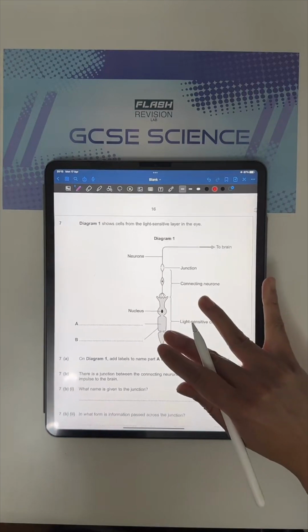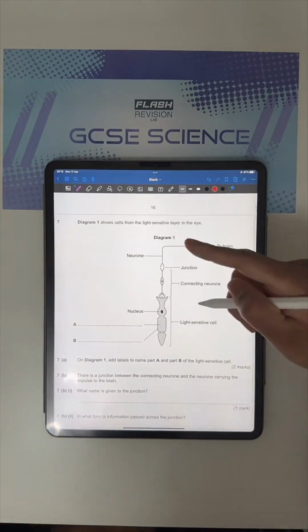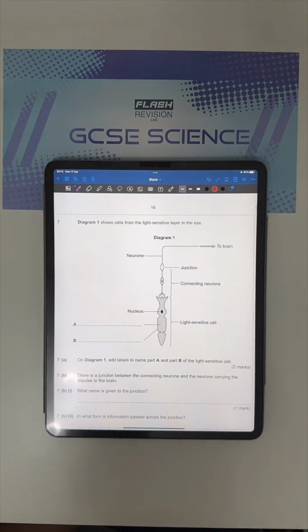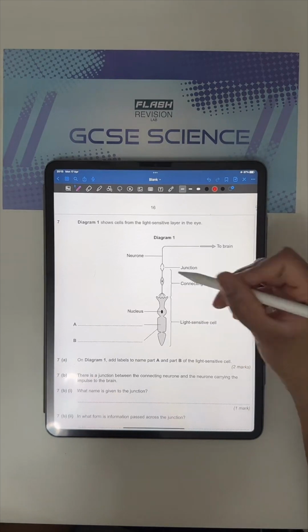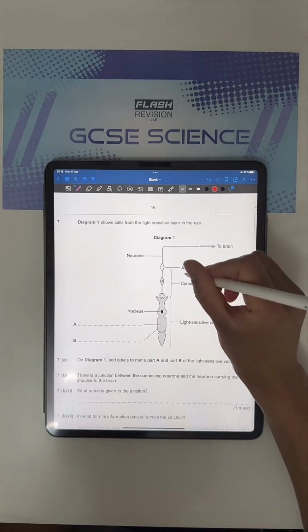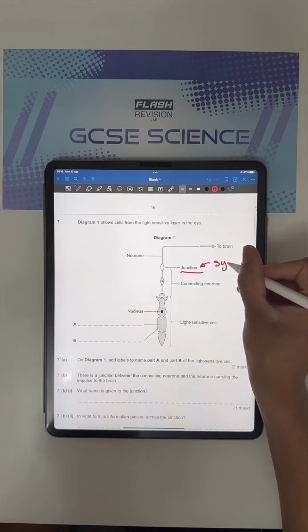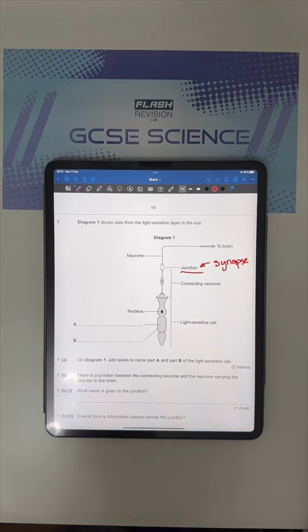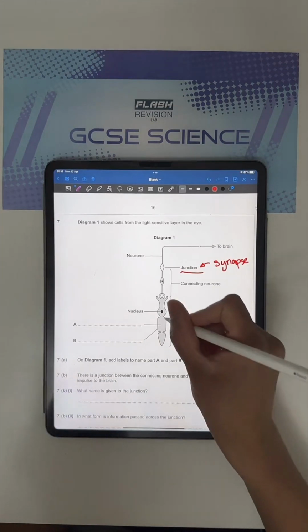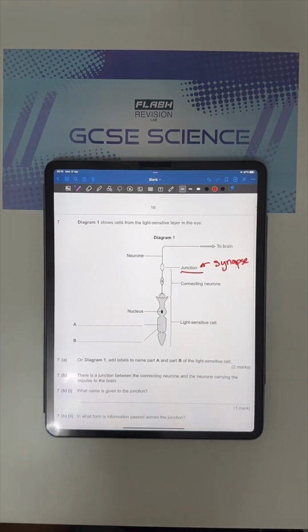So now, this time, we've got a diagram of a nerve cell, and it's basically going to the brain. There's a connecting neuron in the middle. We've got a junction. We know what that's called now. So remember, that's a synapse. They just haven't mentioned it, so they're probably going to ask about that in the question. And this is just a weird cell.